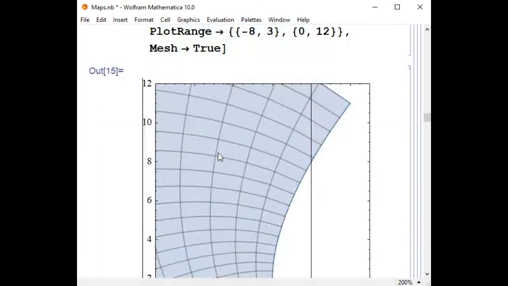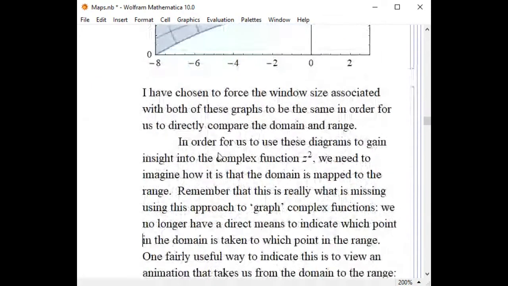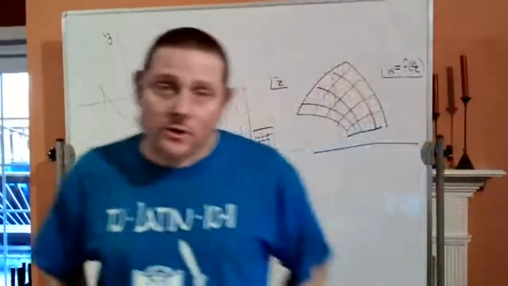Okay? That property is referred to as a conformal property of the complex map.